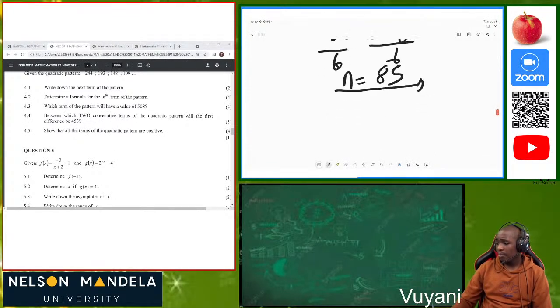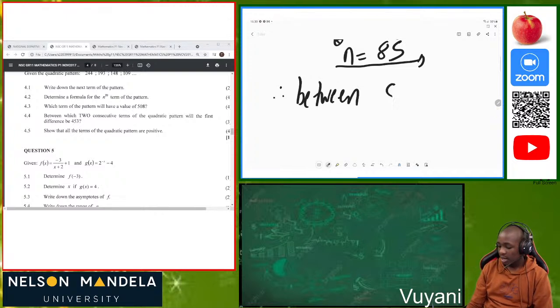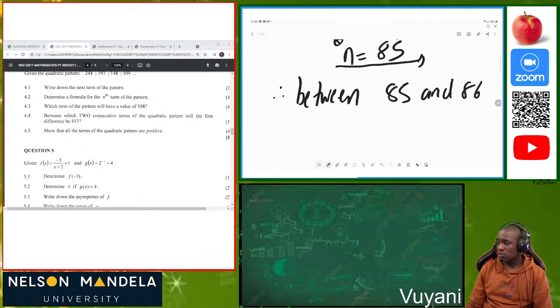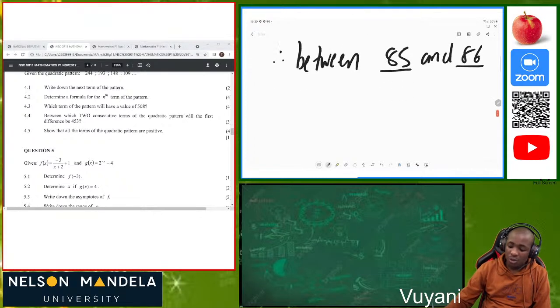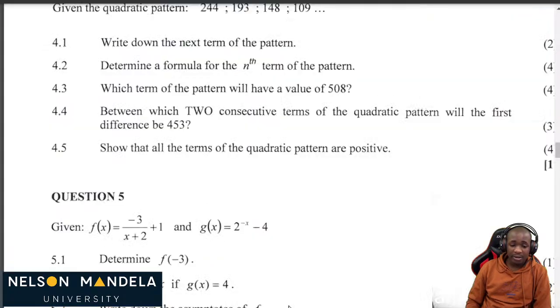So between these two terms, you can increment by 1, 85 and 86. Between these two terms, we can find the first difference, which will be equivalent to 453. This is where you have to grab all those marks. The questions are still not that bad.